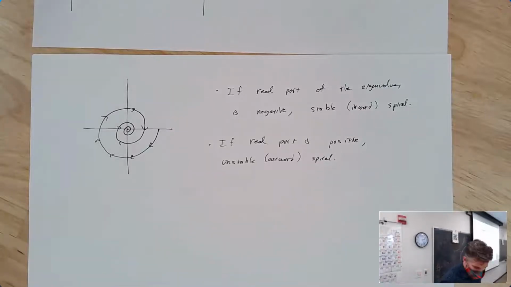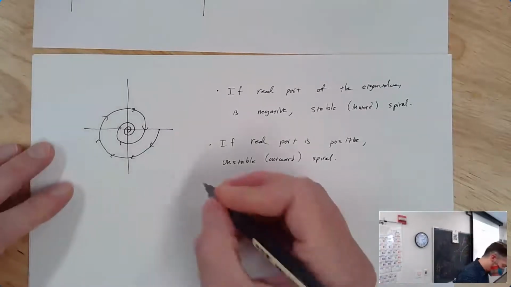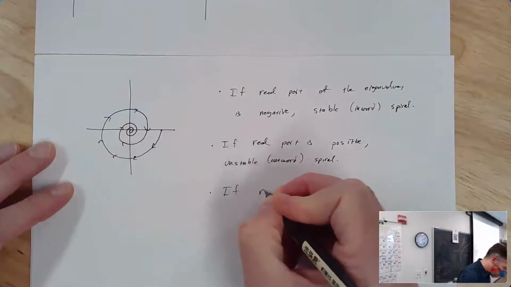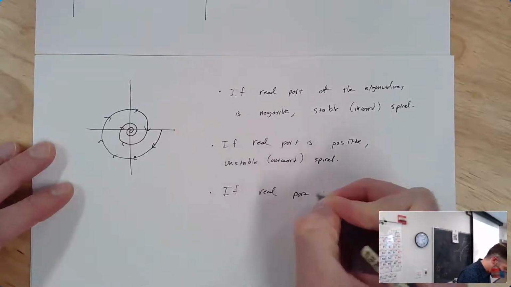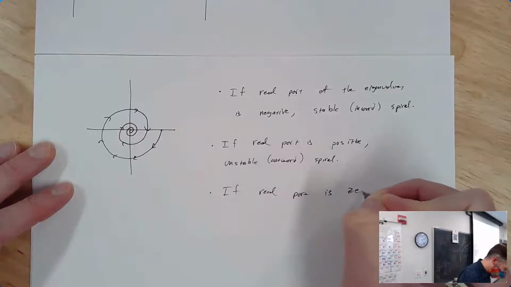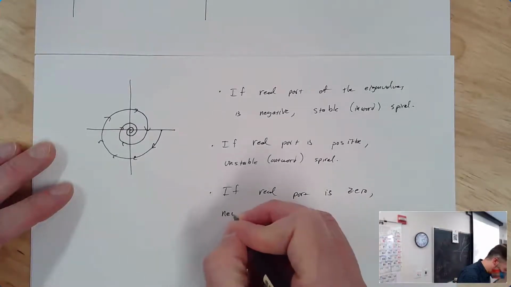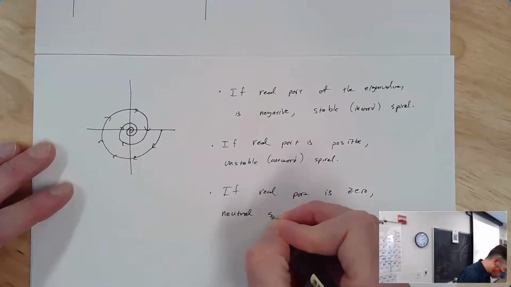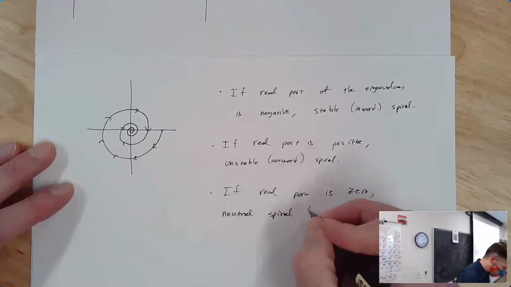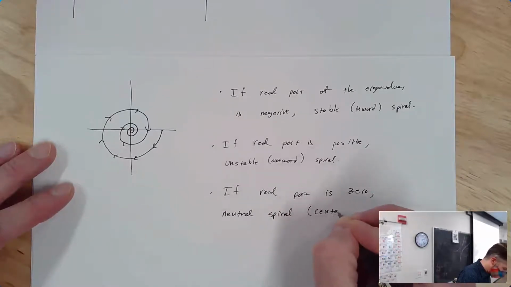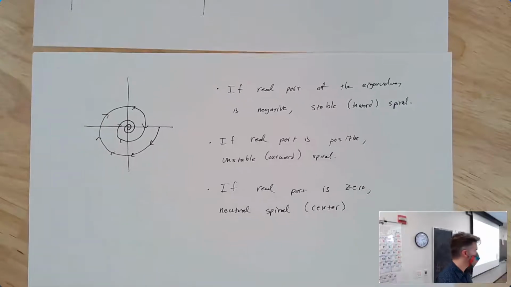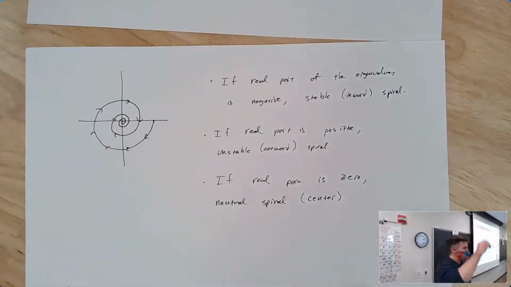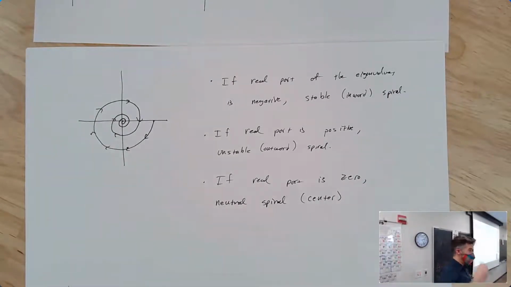Yeah. So if the real part is 0, then you have a neutral spiral, which I believe is also called a center, which just circles around and around and around and never goes inward or outward.